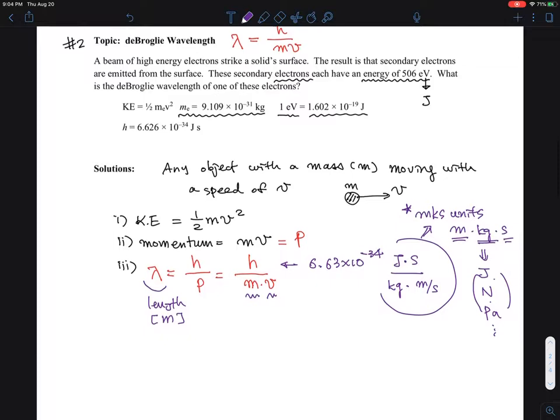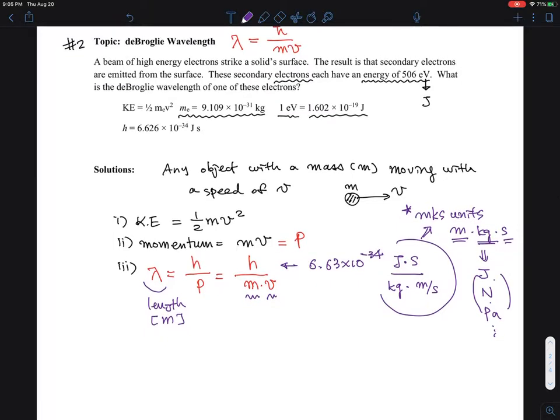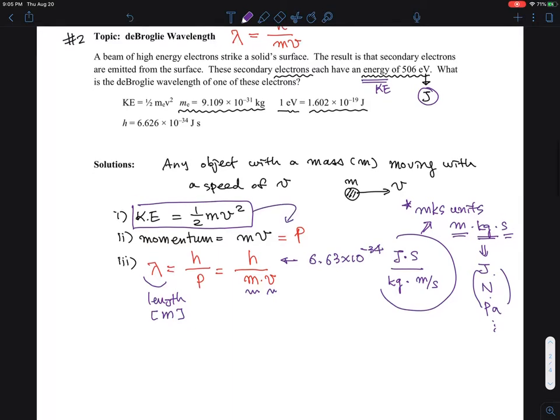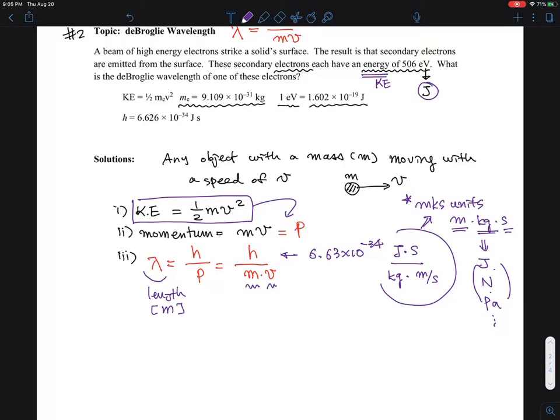Now let's look at the problem. I give you an electron with some kinetic energy, given in joules. From the kinetic energy, you should be able to calculate the momentum. There are many ways to do it. The first way is to calculate v from the kinetic energy, and then use the electron mass to plug in all the numbers.